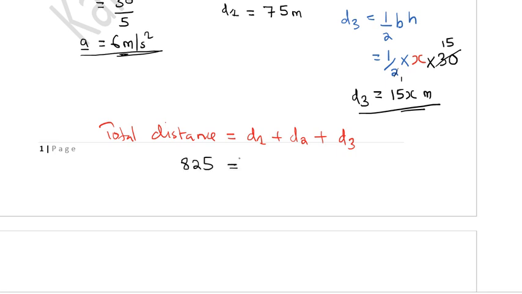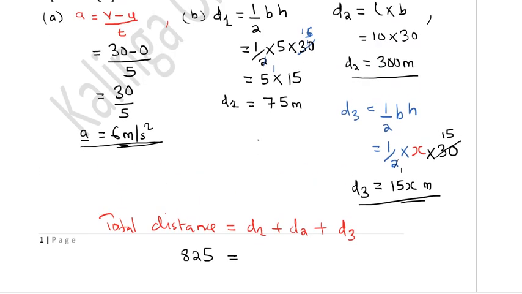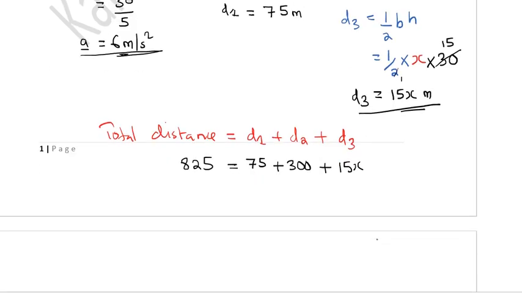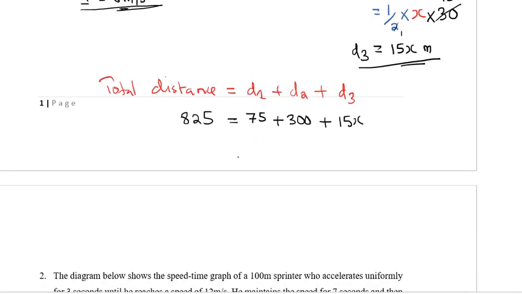Then equals the distance for D1. What was it? D1 was this one here, 75. So I'll put 75 there. Plus D2, which was 300. And finally, D3, which was 15x. So I'll just write 15x. Now we are going to add.